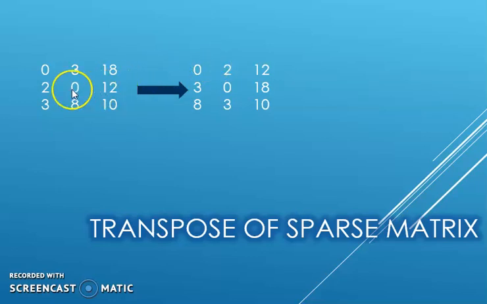But what we can see here is after finding the transpose, 0 2 should come as our first element, right? Because 0 3 should interchange into 3 0, so it should be the second element, and finally 8 3. So this is what we mean by sparse matrix transpose, and this is actually a sorted transpose of a sparse matrix.